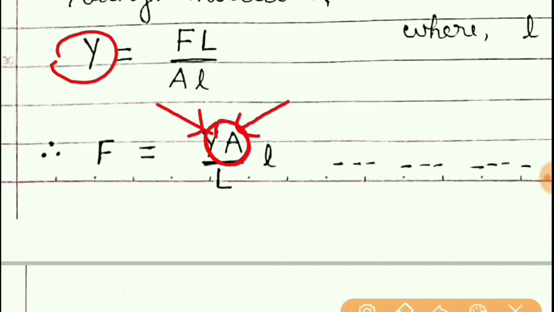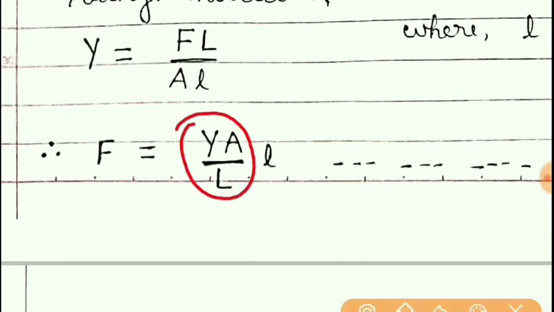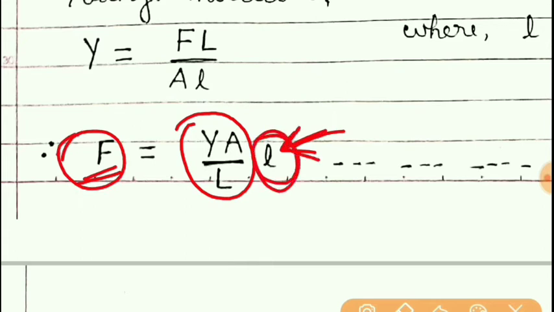Actually, we know that there is a small change in the area, but here that area will remain constant. The original length is also constant. So these terms are constant. When the force increases, this l also increases, and if the force decreases, then this l will decrease. So there will be a change in this small l only with the change in force.